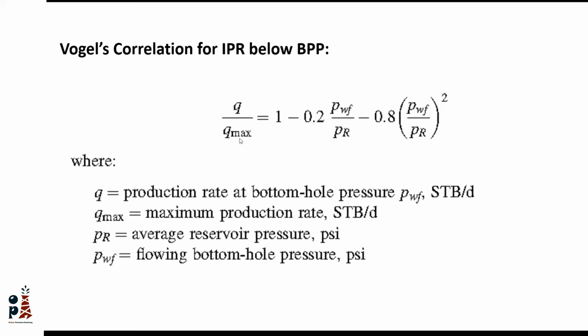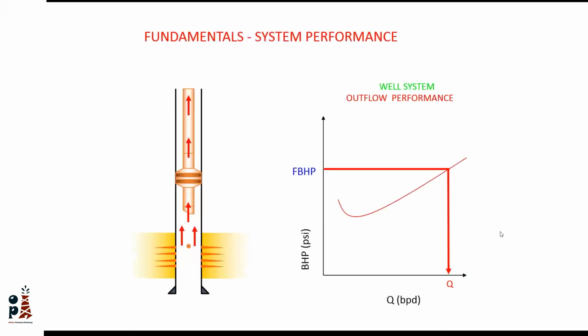Q over Q max equals 1 minus 0.2 multiplied by PWF over PR, minus 0.8 multiplied by PWF over PR squared. I suppose most of us are familiar with this equation. And the other curve that we need to be familiar with is the vertical lift performance.